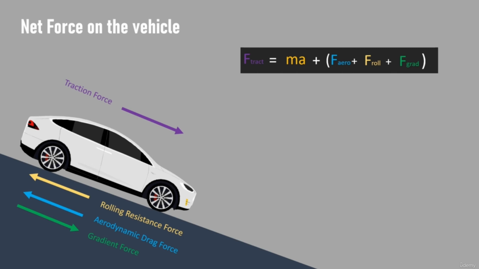The vehicle mass and the road angle affect the rolling resistance and gradient force. Vehicle speed decides the aerodynamic drag force, and the rest of the traction force decides the vehicle acceleration. If we need to estimate the power delivered by the powertrain, then we need to multiply the traction force F track with the speed of the vehicle, v.